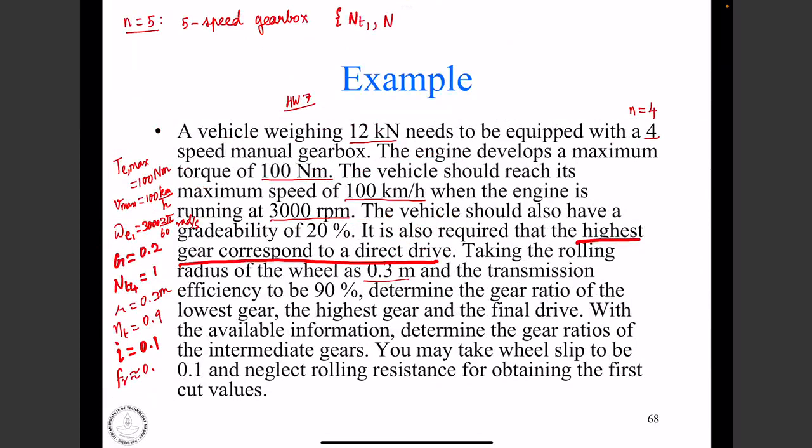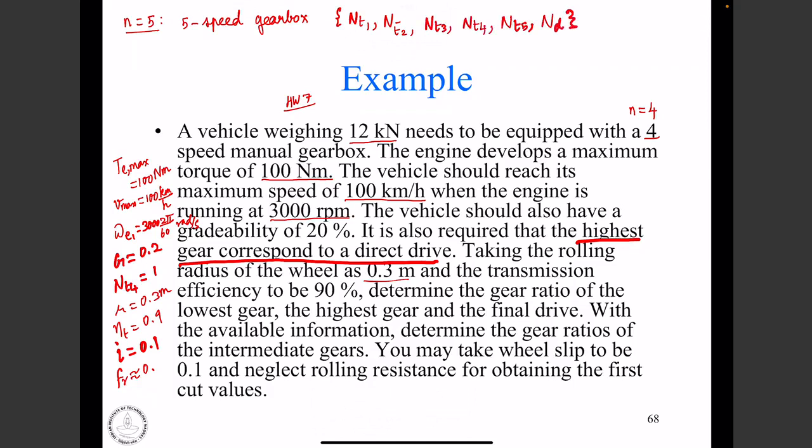We have NT1, NT2, NT3, NT4, NT5, and ND. So we need to figure out these 6 parameters now, right?